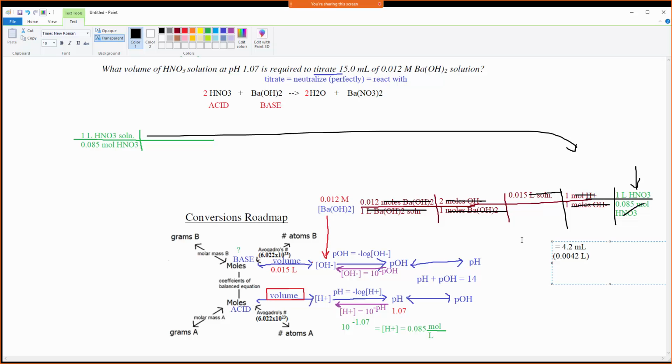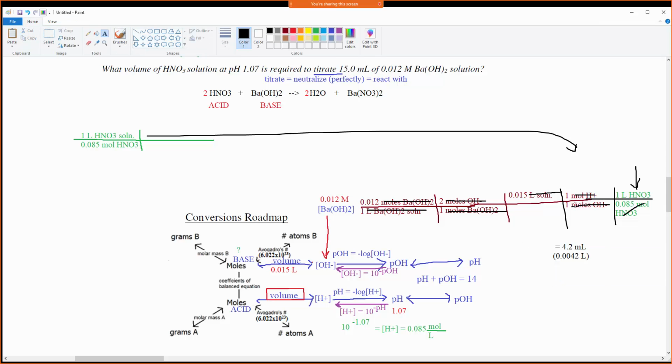Now Eric is like, wait a minute, why did I put 1 to 1 here and not 2 to 1, right? Because there should be like a 2 to 1. The answer is I actually took this into account when I did it here, right? But I could do it the other way.